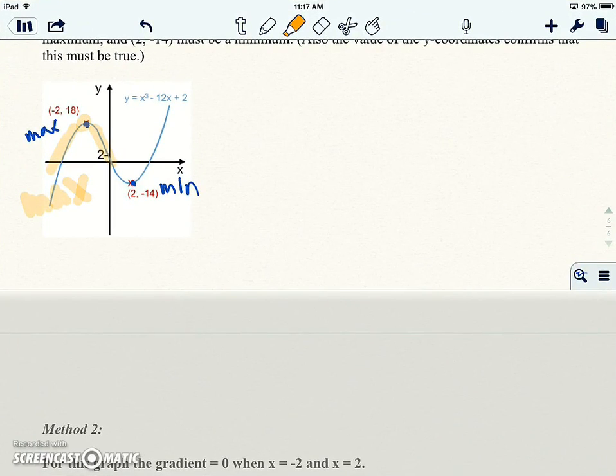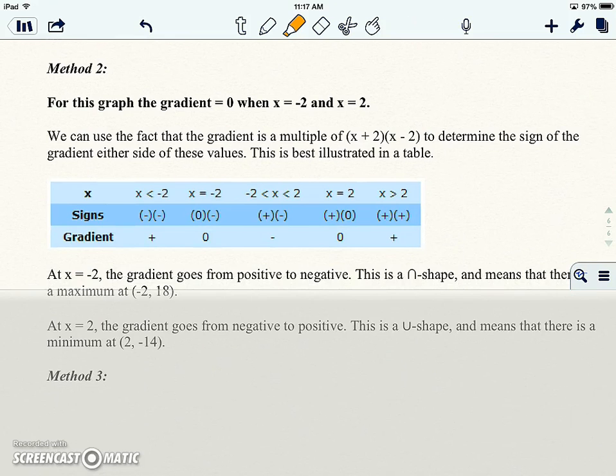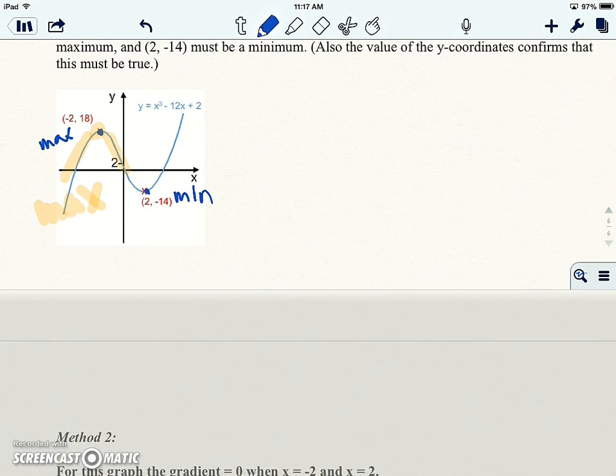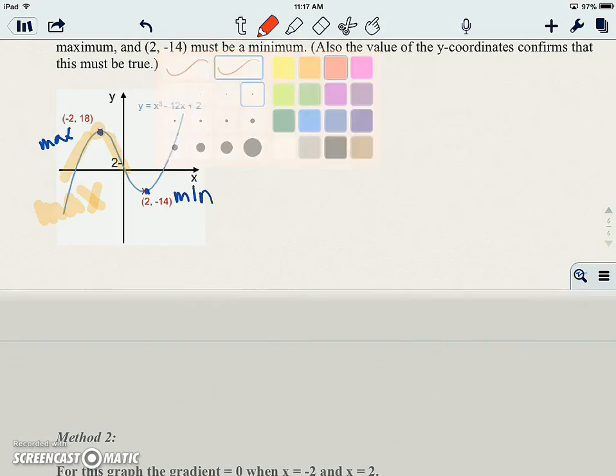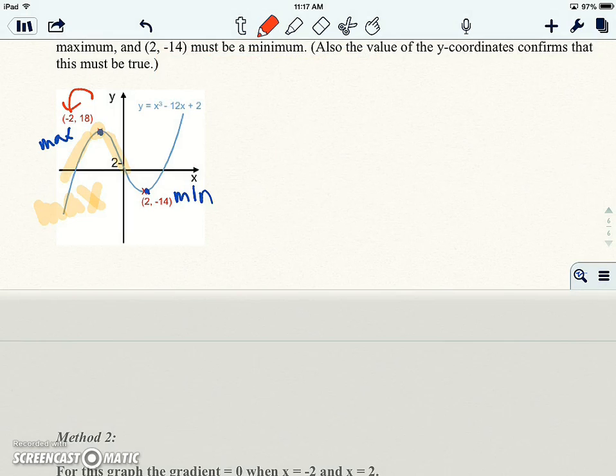And here's how I test it. I make a sign chart. I could pick any point to the right of negative 2, say negative 1, and if I plug that in to my dy/dx, that'd be 3 times negative 1 squared minus 12.